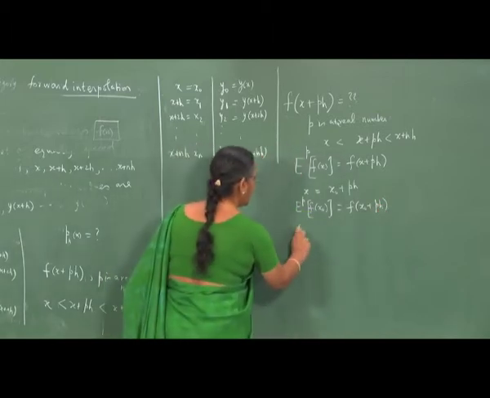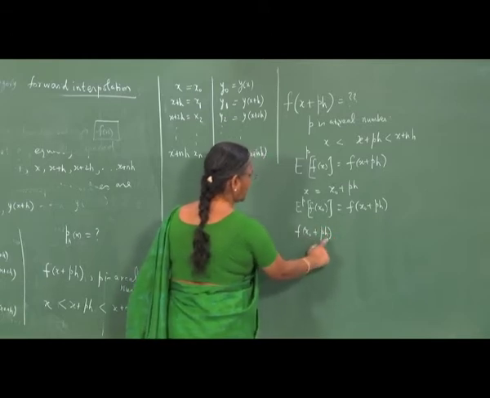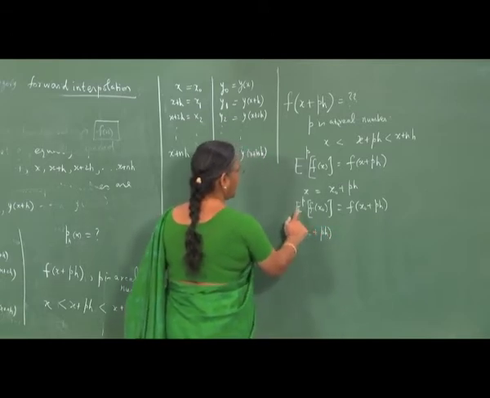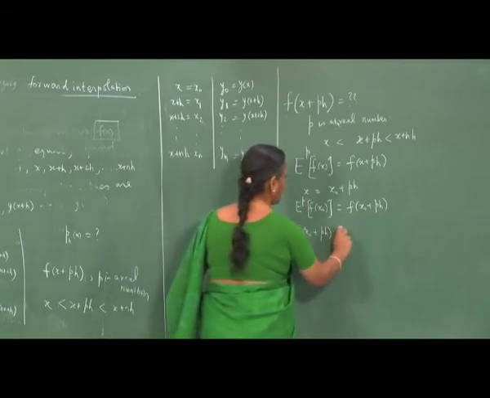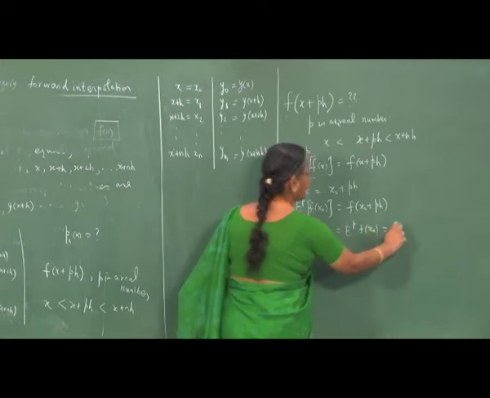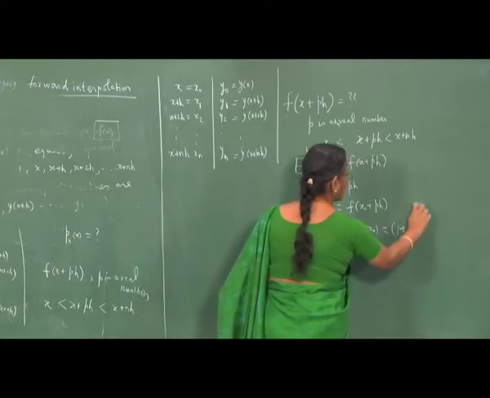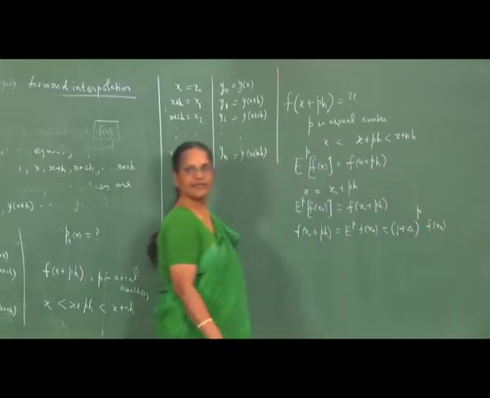So, I will get the information about f at x naught plus ph if I evaluate E power p on f of x naught. But what is E power p? It is 1 plus delta power p on f of x naught.